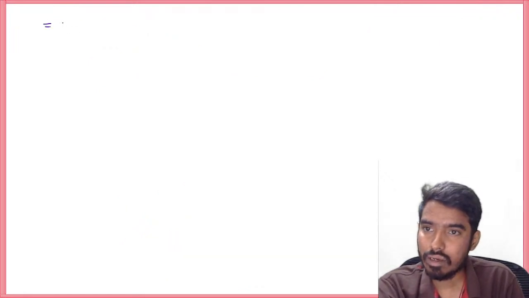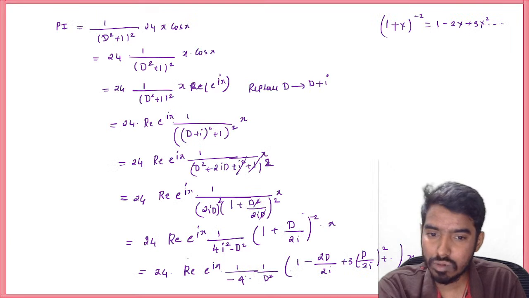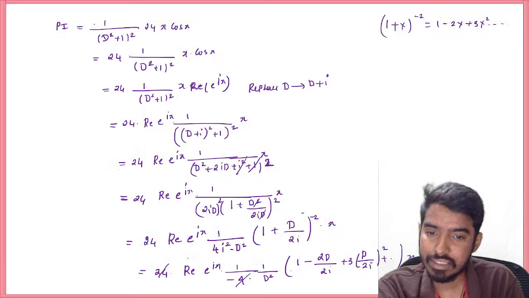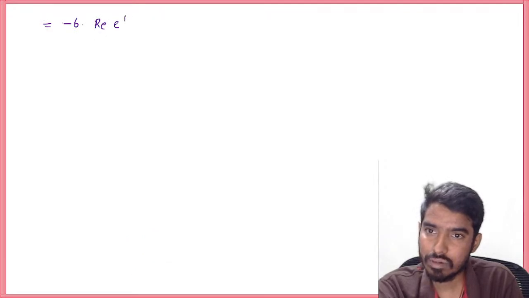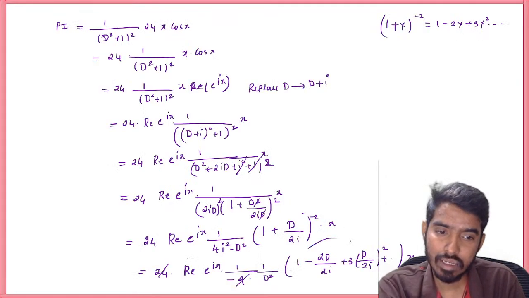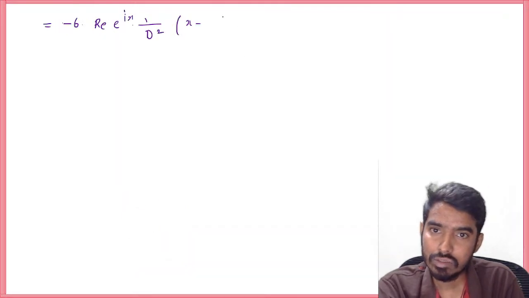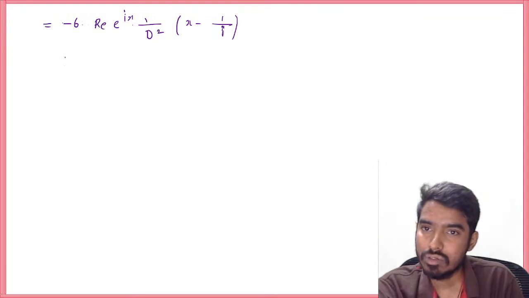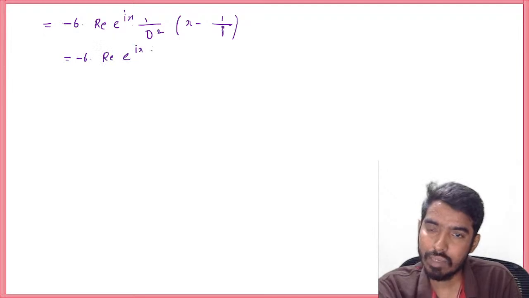So this will be minus 6 real part of e power ix 1 by D square, and here we have x minus here we have x, and here the 2 will get cancelled. D of x is 1, so we have 1 by i, right? And this term will be 0 because D square of 1 is 0. So we have minus 1 by 6 real part of e power ix.